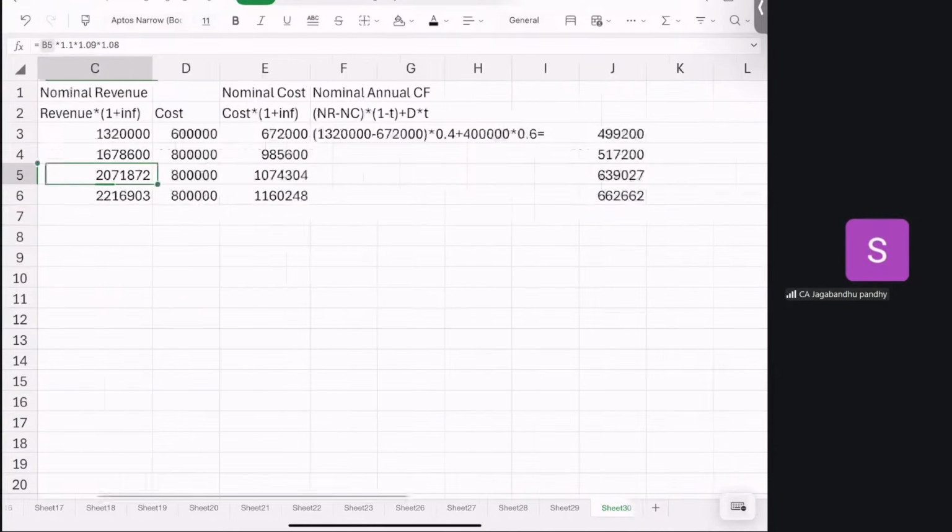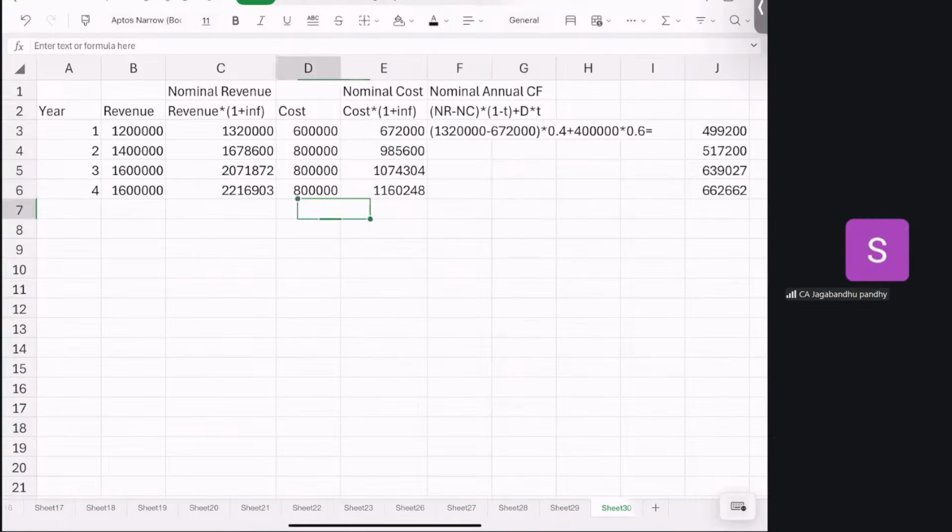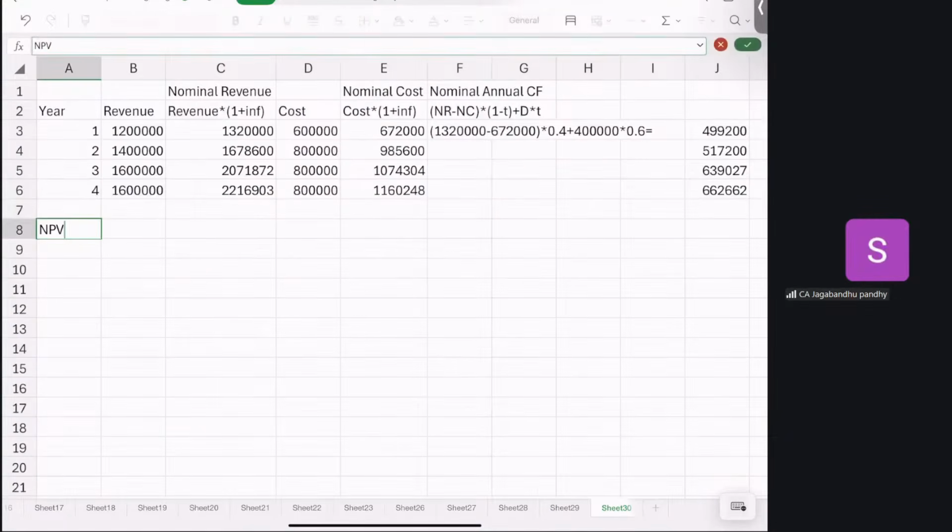Are we getting this nominal annual cash flows, everyone? Yes, sir. Yeah. Now we can get the NPV also.